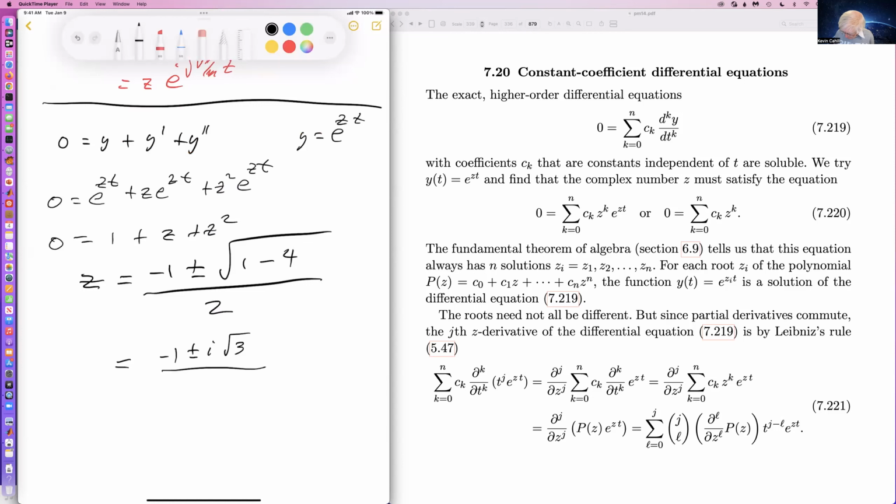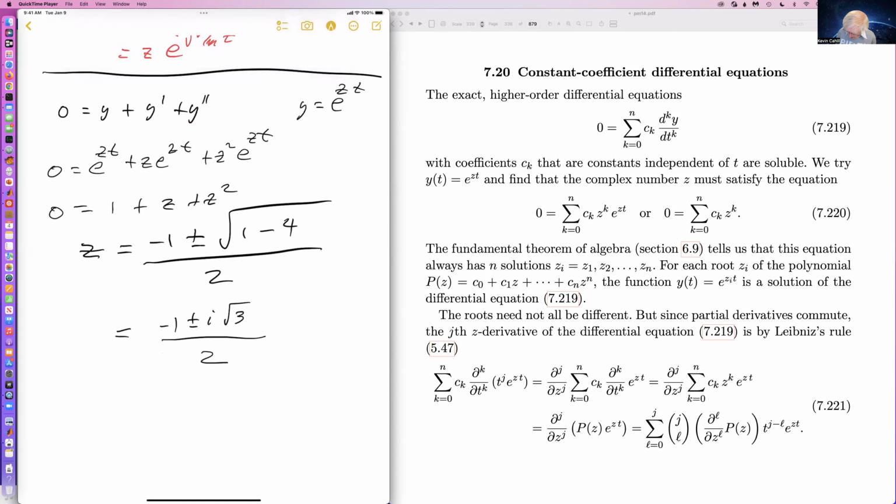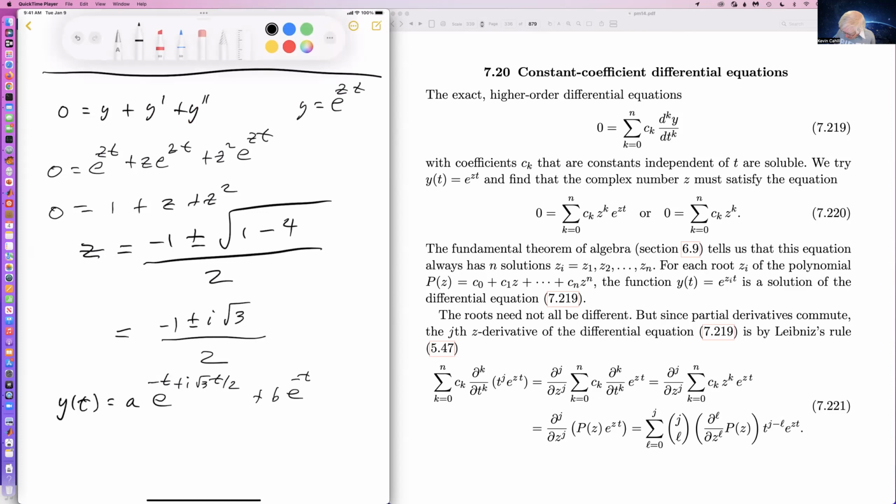Over 2. And so the solutions are y of t equals a e to the minus t plus i root 3 t over 2, plus b e to the minus t minus i root 3 t over 2. So that's how this would go.